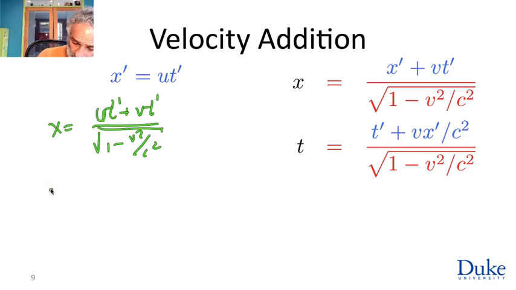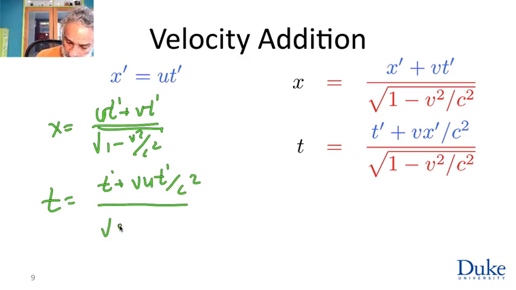On the other hand, t is equal to t prime plus v x prime over c squared, where x prime is u t prime, divided by the square root of 1 minus v squared over c squared.